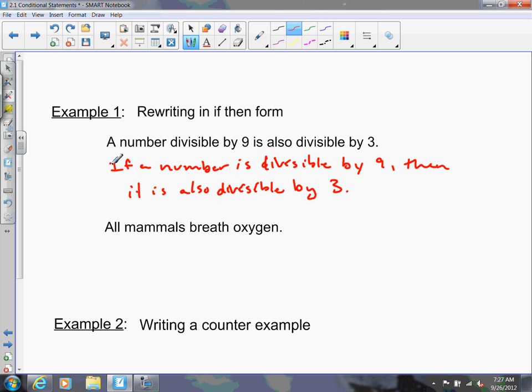So I took a statement that was not in if-then form, and I rewrote it into if-then form.